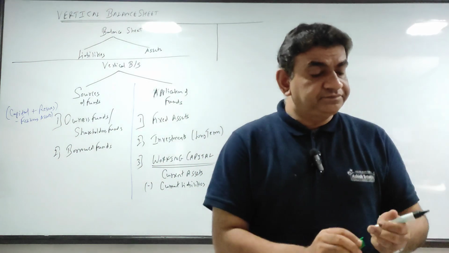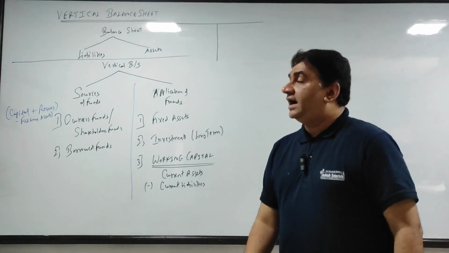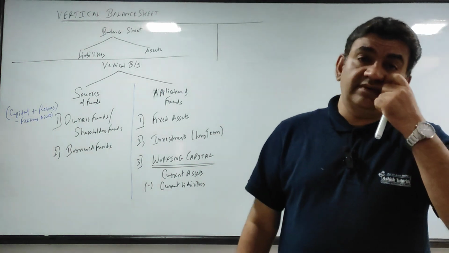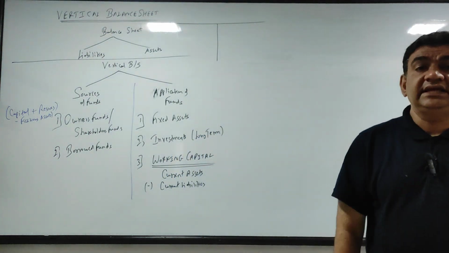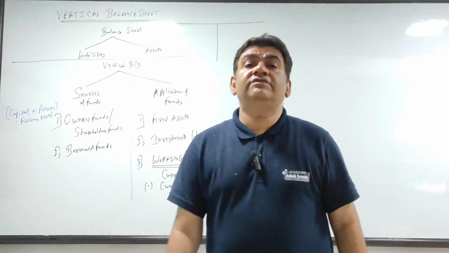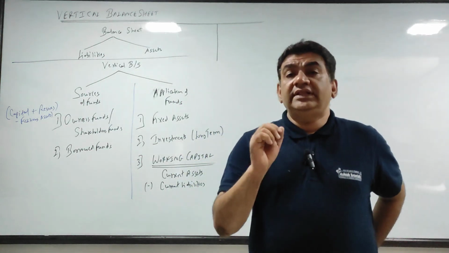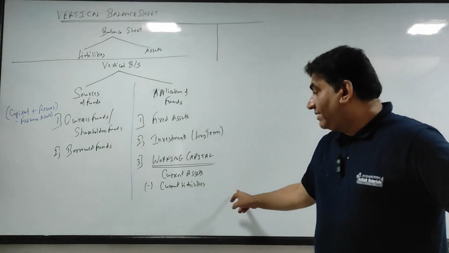Now see, I explained to you current assets, current liability. I don't know how many of you remember the FYJC basics. Any liability which is to be paid within a period of 1 year is called current liability.